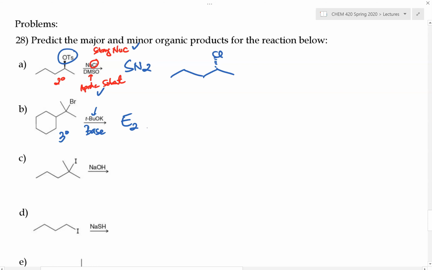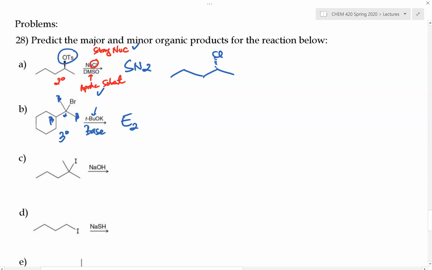And in this E2, we can see that this is the alpha carbon and we have these beta carbons. We would observe that there are two different types of beta hydrogen, therefore, we will be forming a mixture of different products.